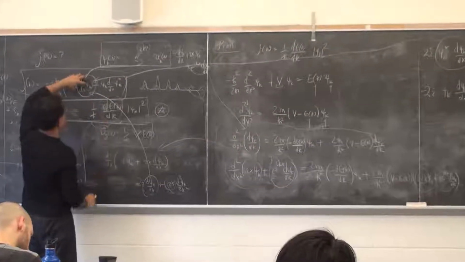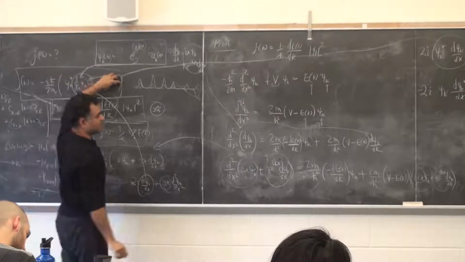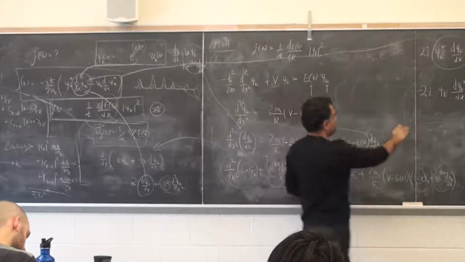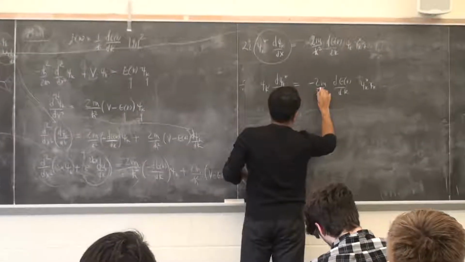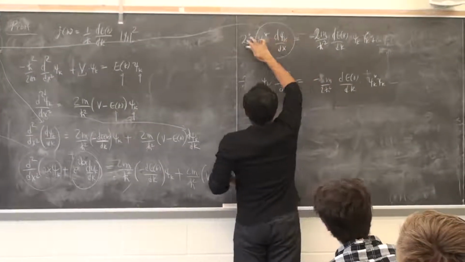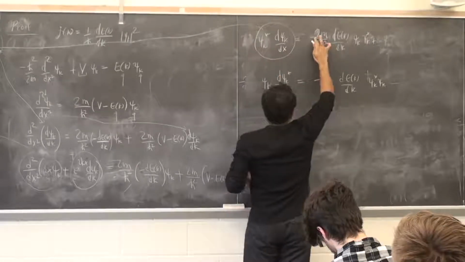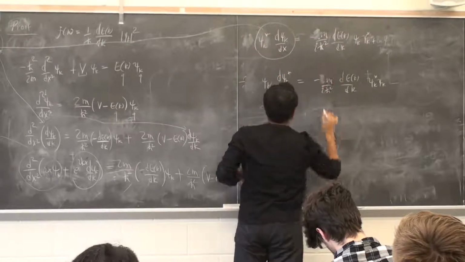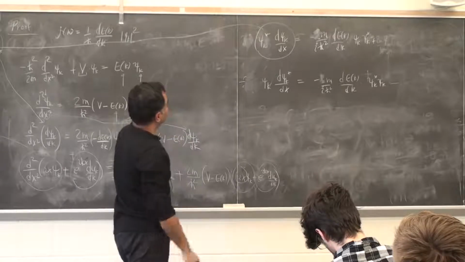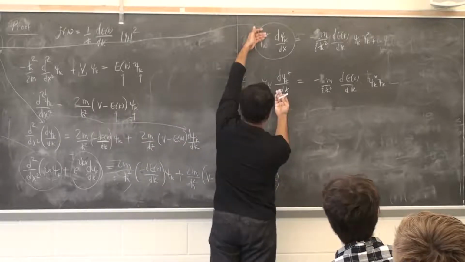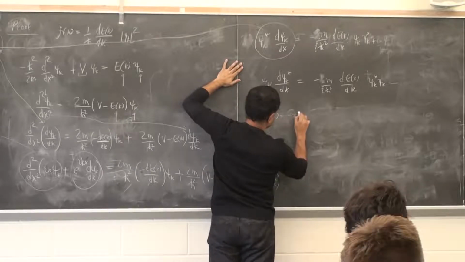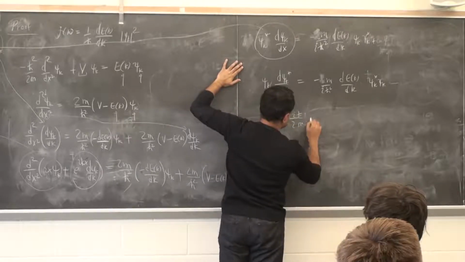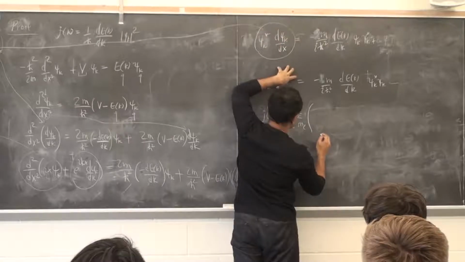So you get psi star this minus psi star that, and you can take your 2i to the denominator on this side. So quantum current is minus i h bar over twice the mass times that thing minus this thing, right?